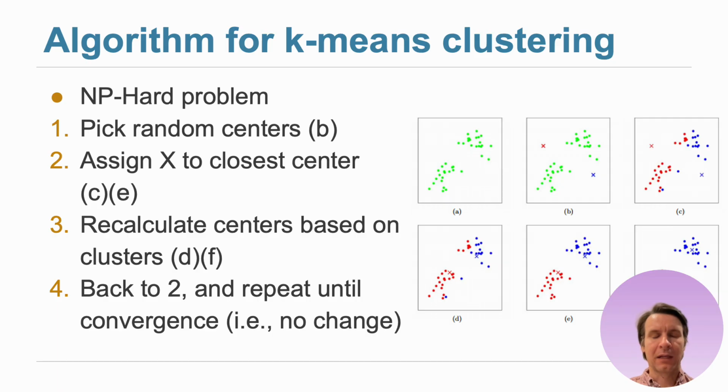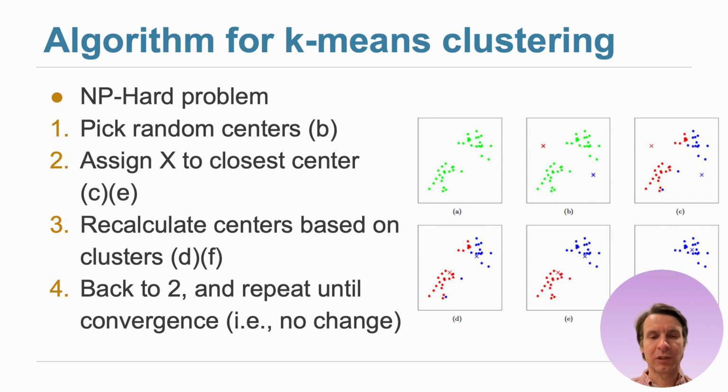Now I will look at the red points and say, it would be good if the center of the red cluster was in the center of the red points. So I calculate the center of the red points, and for the blue cluster, I do the same. Then the centers, the red x and the blue x, move to the centers of the points.